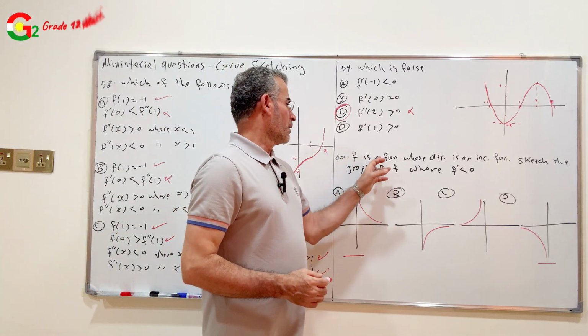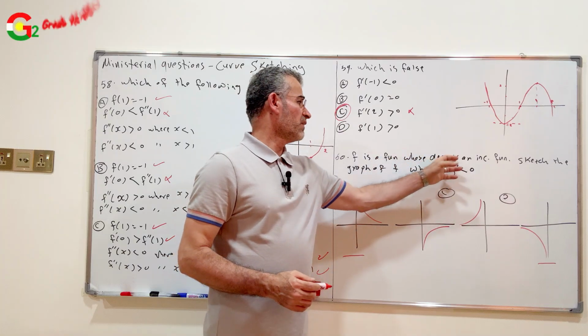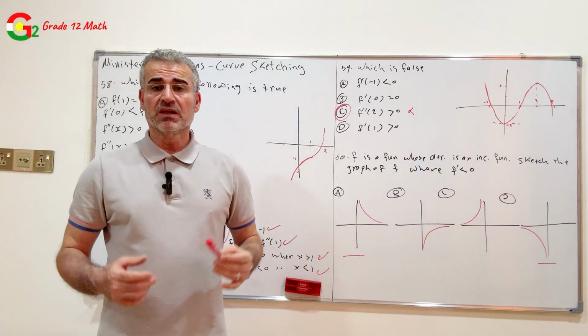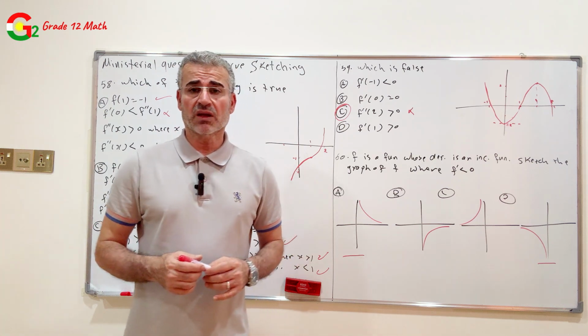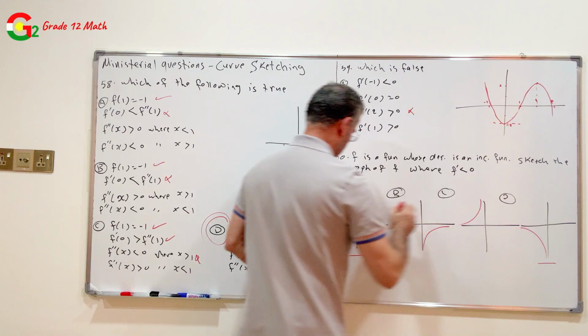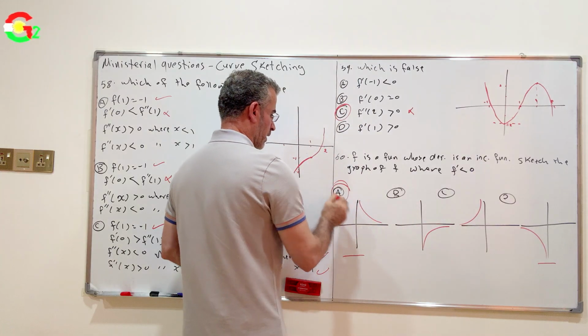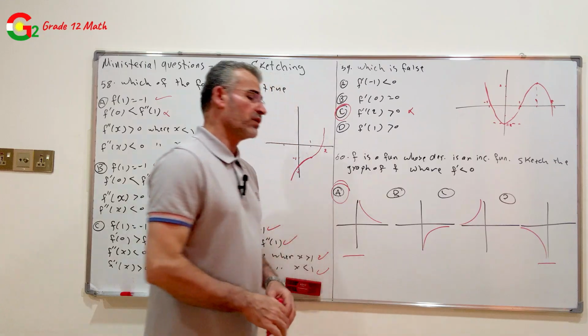Also, f is a function whose derivative is an increasing function. Since the derivative is an increasing function, therefore the graph of f should be concave. So we neglect D and we choose A because the graph in A is concave, in B is concave.